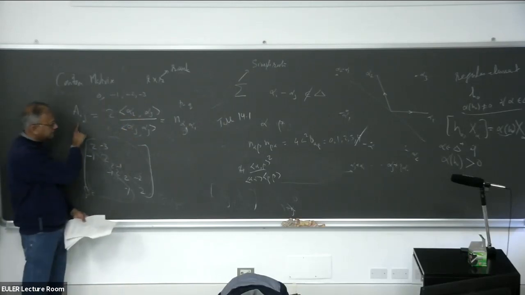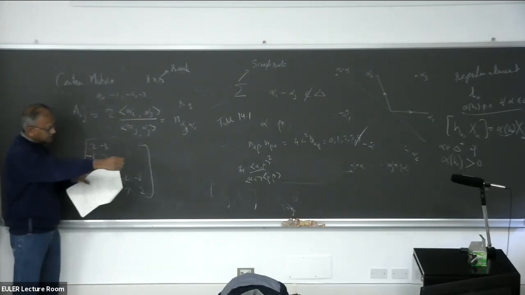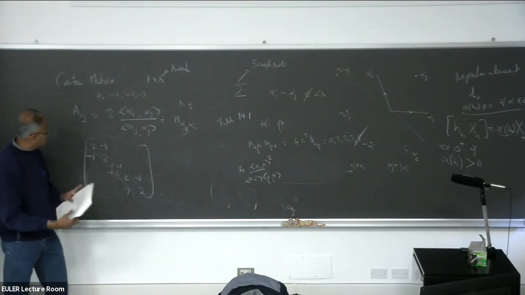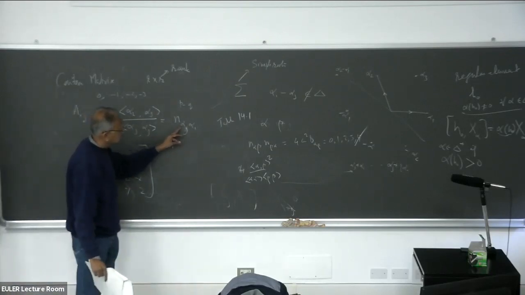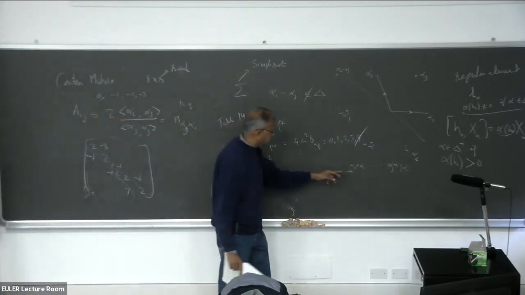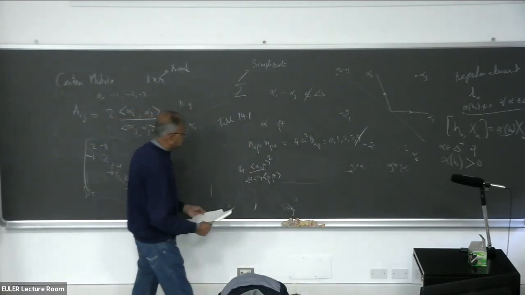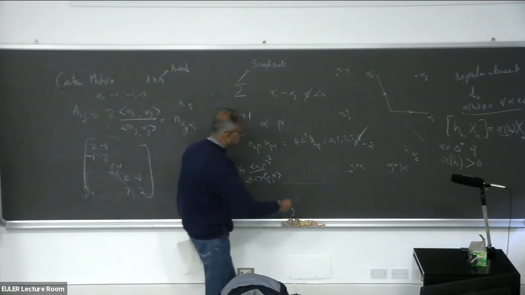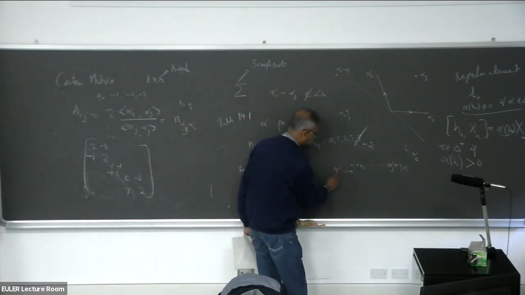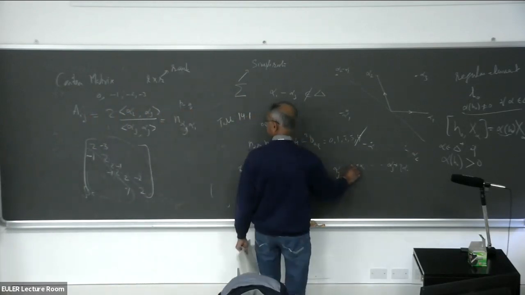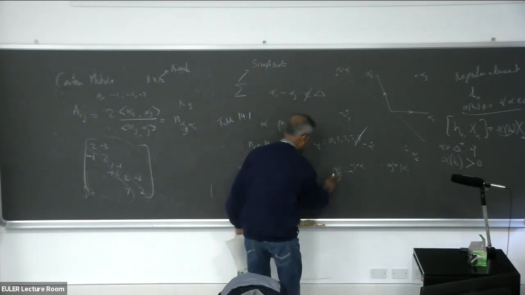This information is enough. Why? Because it tells you the length of the chain. Once you tell me this number, it immediately tells you, for example, suppose this number was minus 3. Then this would say that I should go along the alpha j string.